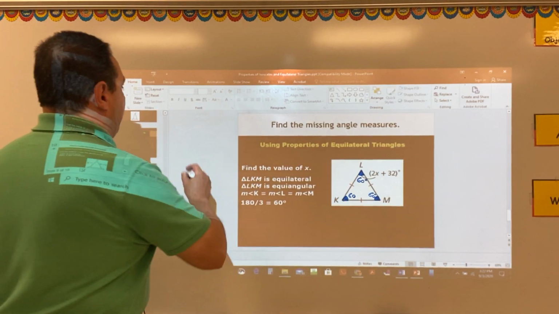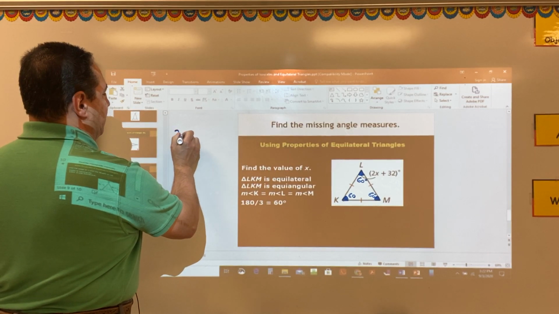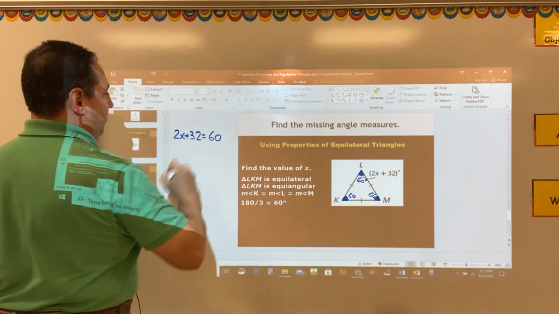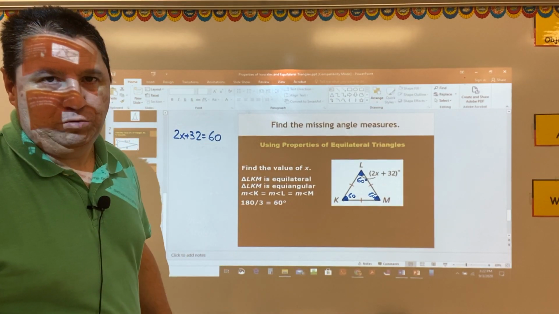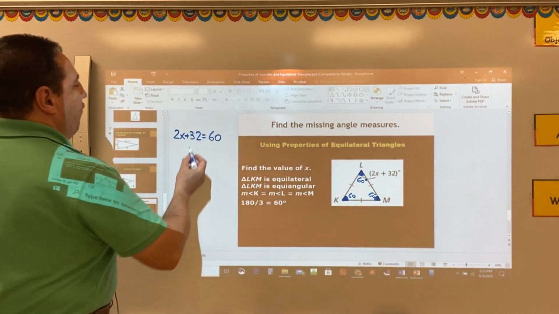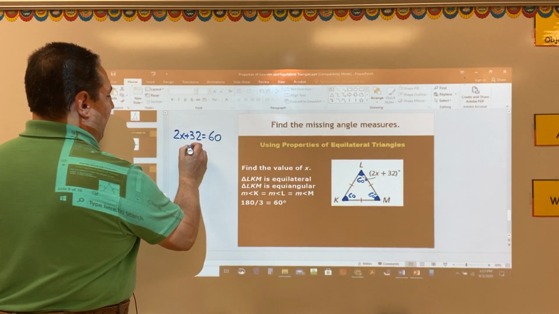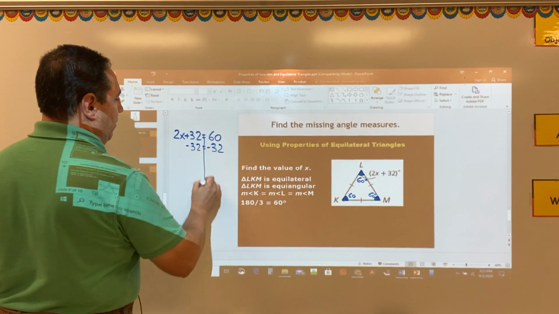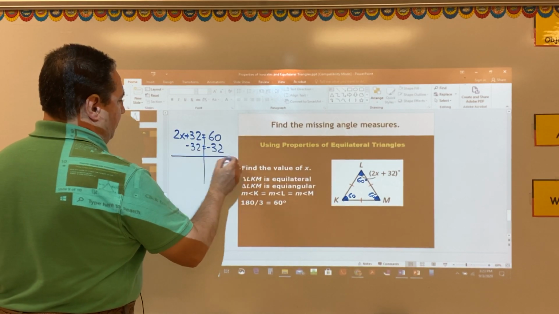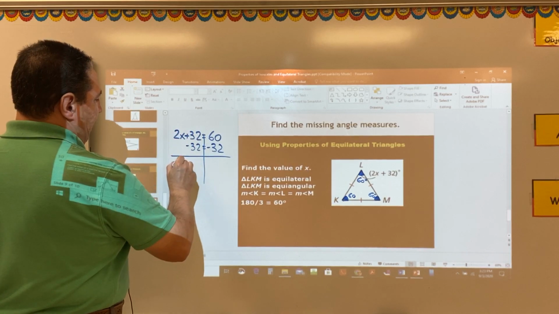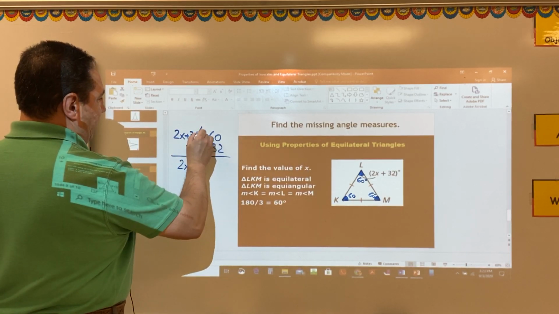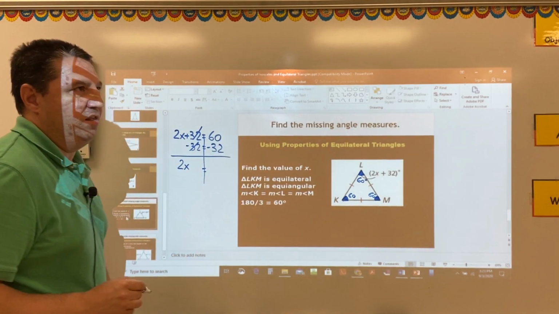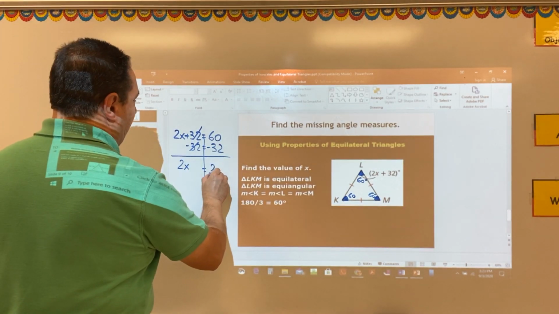The equation would be 2x plus 32 equals 60. And it is a two-step equation. First, we get rid of 32 by subtracting 32. Then we bring down 2x. 32 and negative 32 cancel out. 60 minus 32 equals 28.